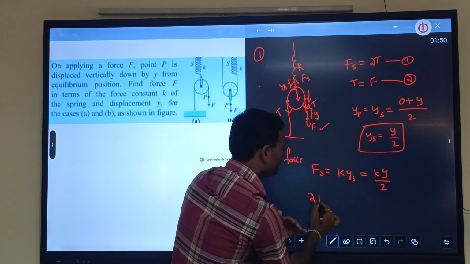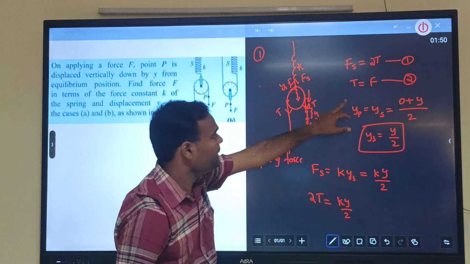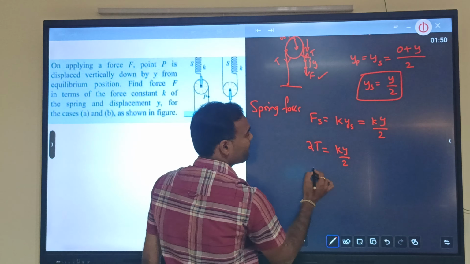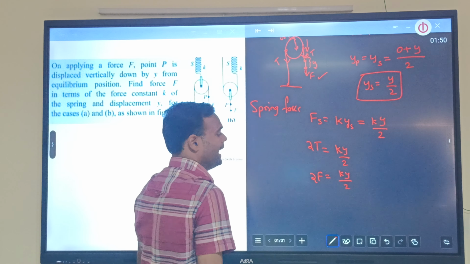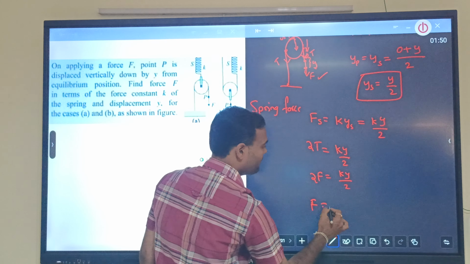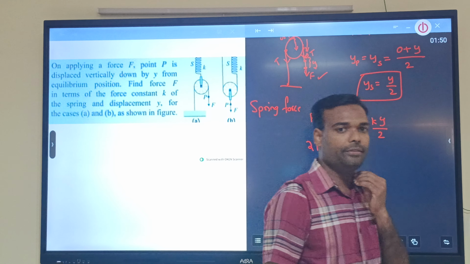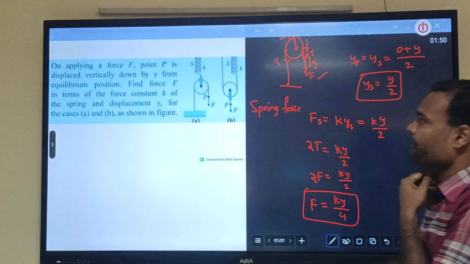So 2 into T is equal to ky by 2. And what is T? According to equation number 2, T is F by 2, so 2F equals ky by 2. Ultimately, F in terms of k and y becomes ky by 4. This is F in terms of k and y, and this is the first case.